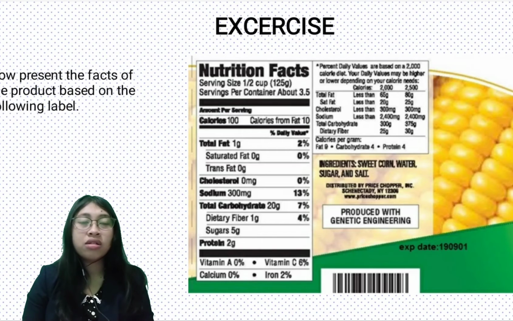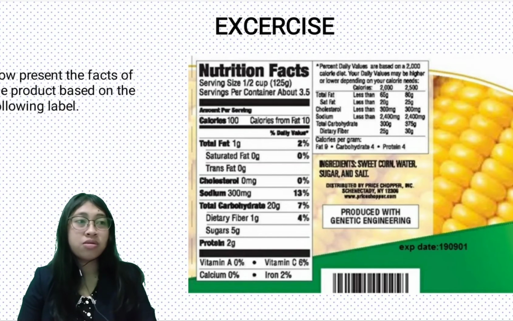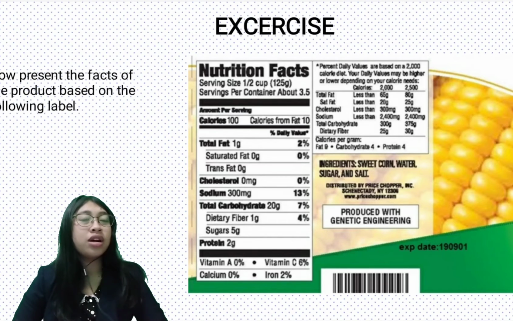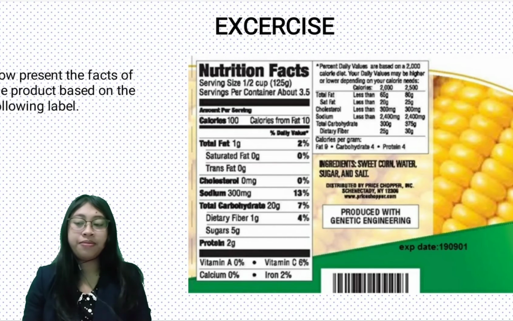Now I will call group 4. You can come to the front of the classroom to present your discussion. Alright, thank you group 4. Now the last group is group 7.